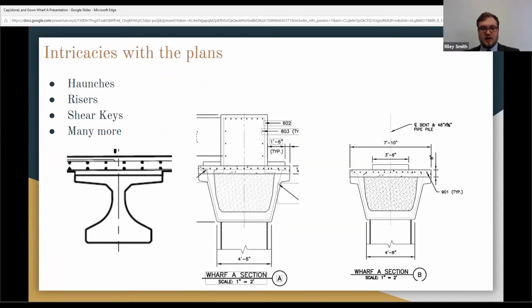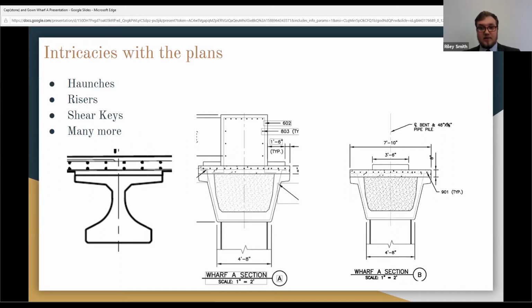There are some other details that were more noticeable and had several details on them in the plans, such as the risers and shear keys. The risers are the square of concrete that sits on top of the topping on the U-beam above where each pile is, and almost all of them have a different elevation, and they get taller toward the crown line and shorter toward the water and land.